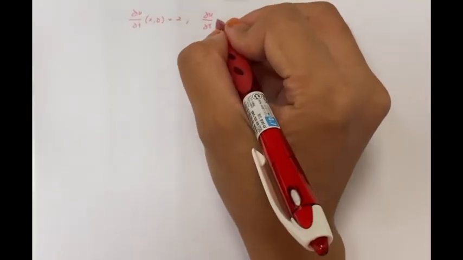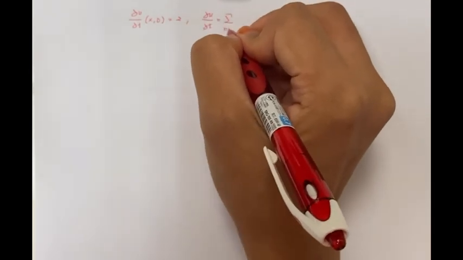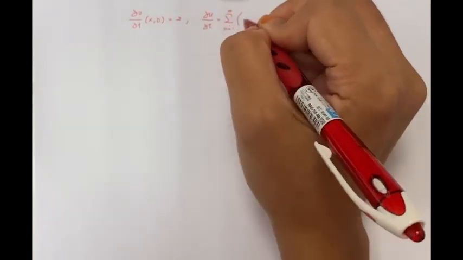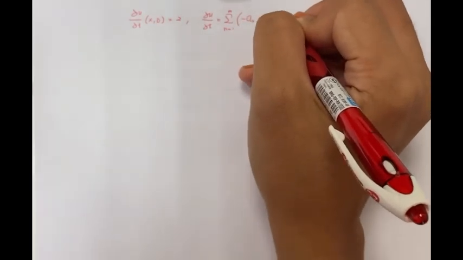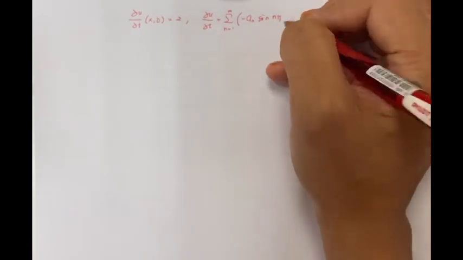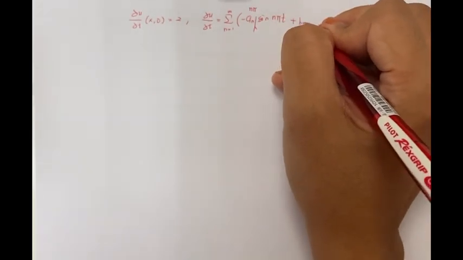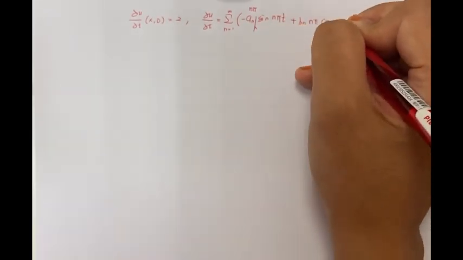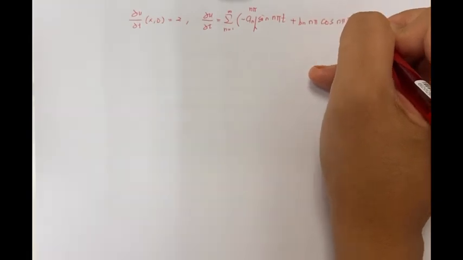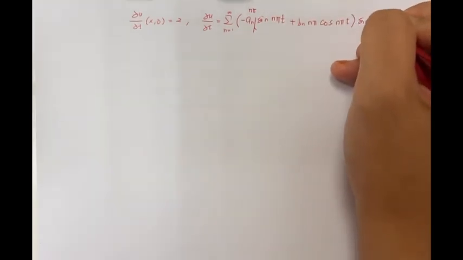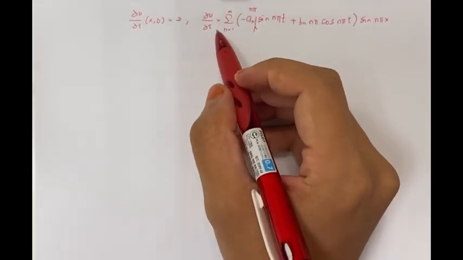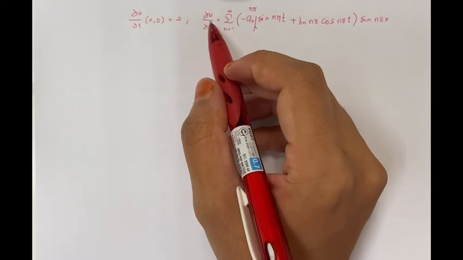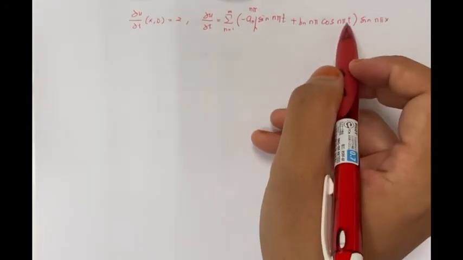Differentiate u(x,t), you have del u over del t equal to summation n from 1 to infinity, you have negative a_n sin n pi t plus b_n n pi cos n pi t, dot with sin n pi x. Make sure to differentiate your u with respect to t, not with respect to x. Okay, just differentiate your t part.